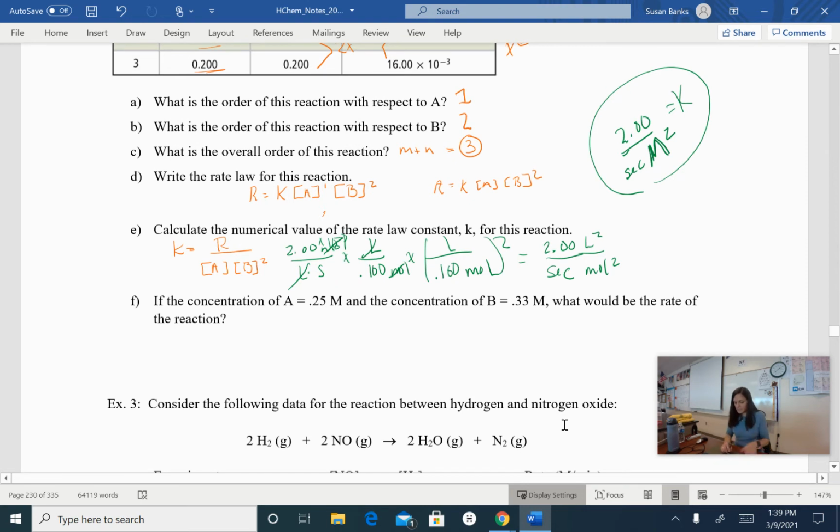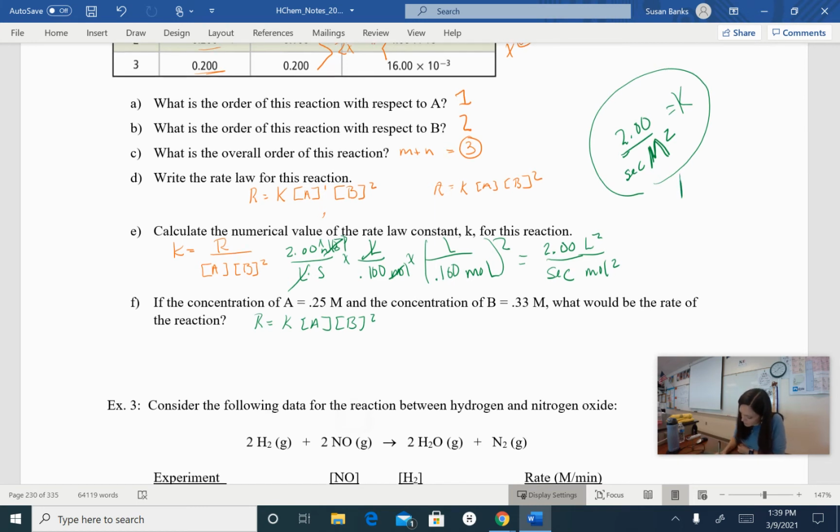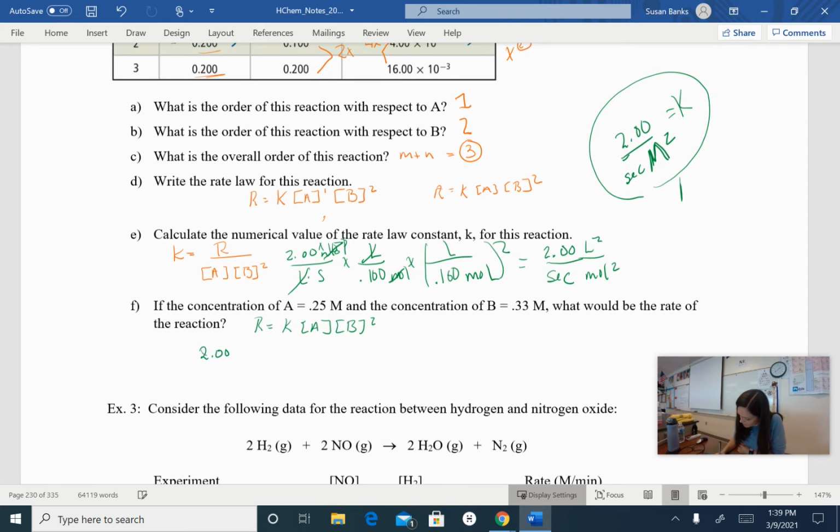Okay, so now let's figure this out. What happens if the concentration of A is 0.25 molar and the concentration of B is 0.33 molar? What would be the rate? So I can use this equation that we generated and just plug in things. We want to know our rate.